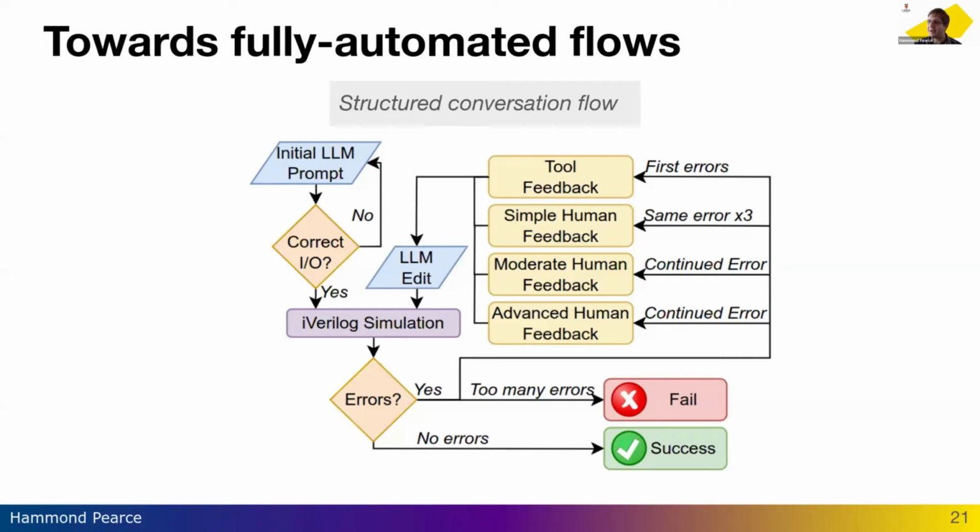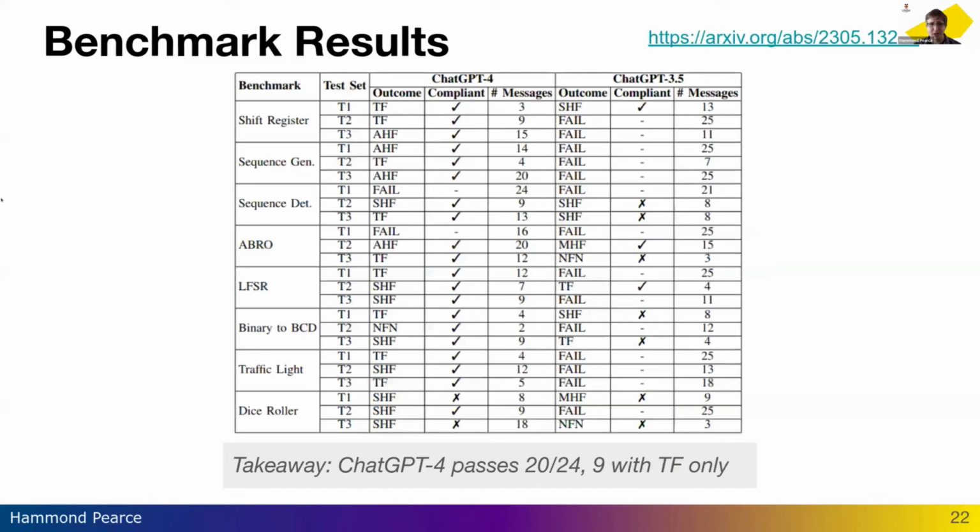But because there's not yet a link between the AI and the simulation environment, I still had to do that prompting. So it really would be nice if we could do some kind of fully automated flow. Part of that would also be trying to come up with test benches. We did a little bit of a play, and you can have a look at this paper on arXiv if you're interested.